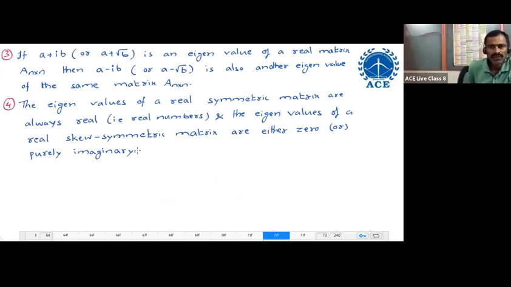This property is also for real matrices only. If the matrix is real symmetric, its eigenvalues are always real numbers only. Suppose it is a real skew symmetric matrix, the possible eigenvalues are either 0 or purely imaginary.